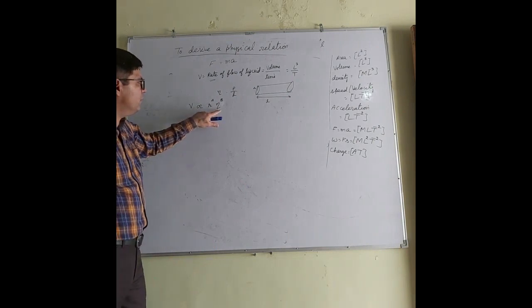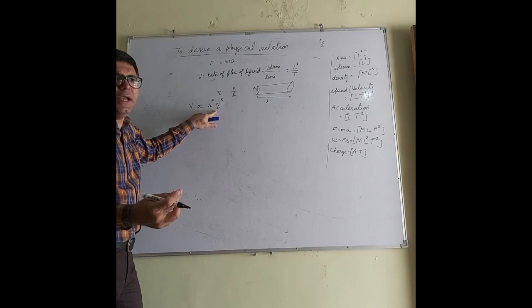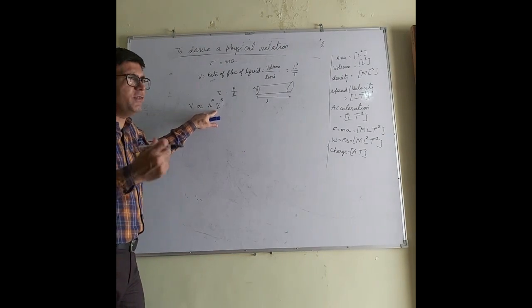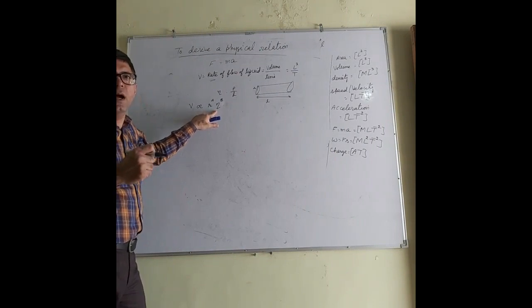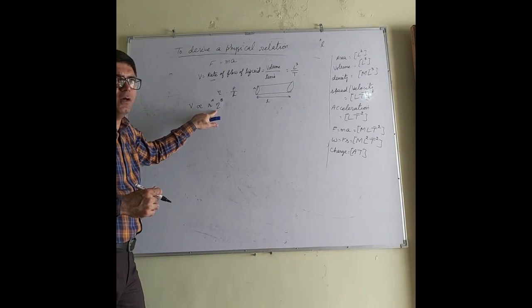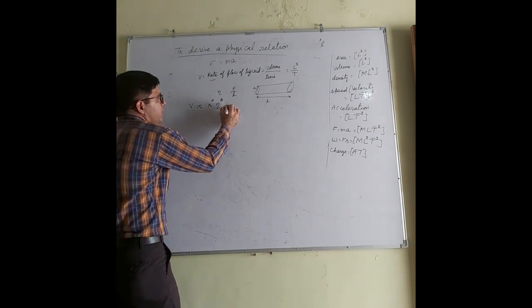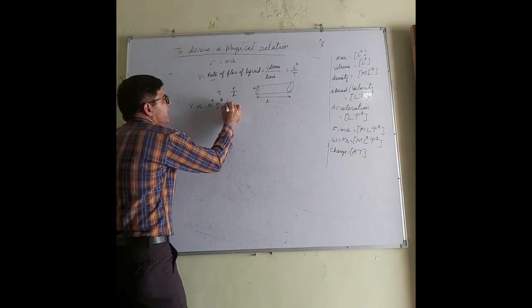What is the coefficient of viscosity? It is a term which indicates the viscous forces, whether a liquid is viscous or not. For example, if you take honey and water, honey is more viscous than water, so its coefficient of viscosity will be more. And it depends on the pressure gradient.